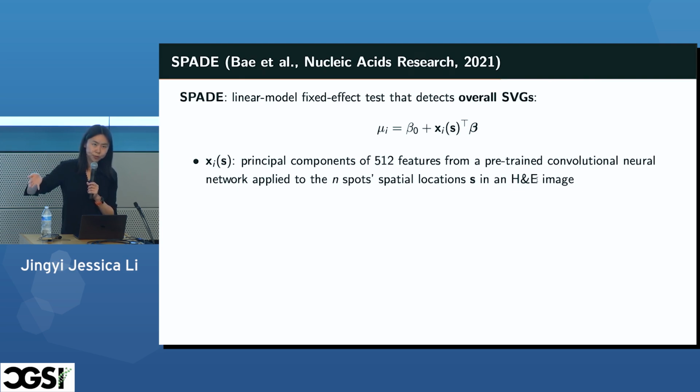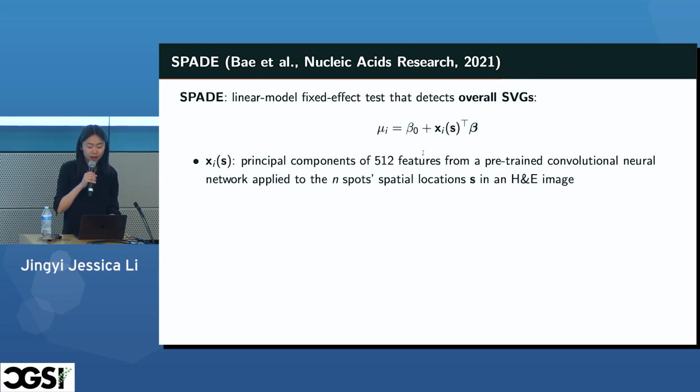You have spatial transcriptomics and you have an accompanying slide of H&E image. So this pre-trained CNN is applied to the H&E image to extract features, and the number is set to 512. These features are used to represent the spatial locations in this linear model. So it's just a linear model.